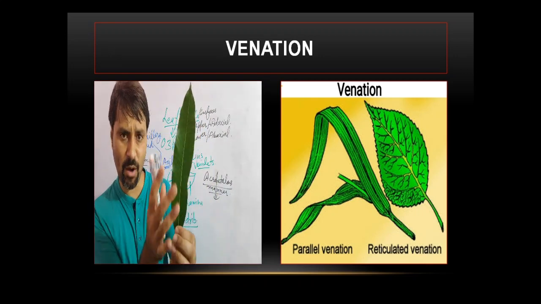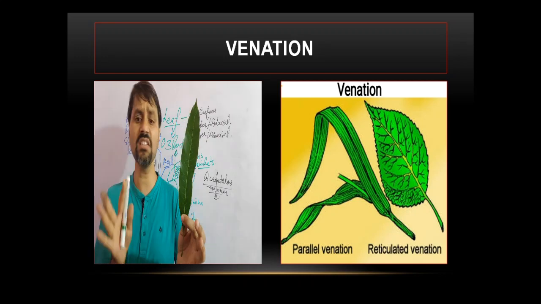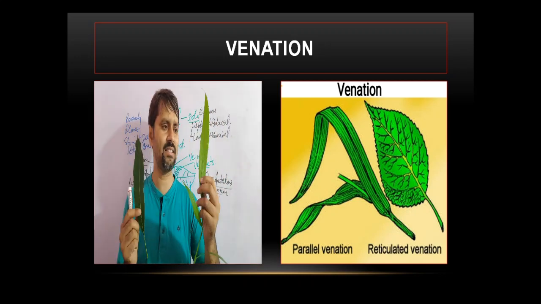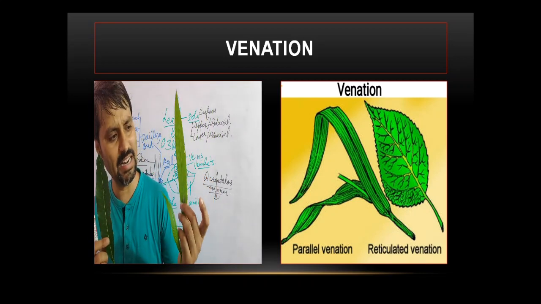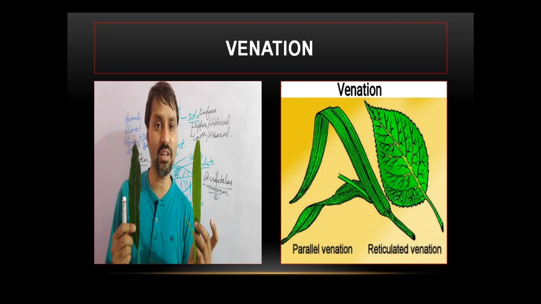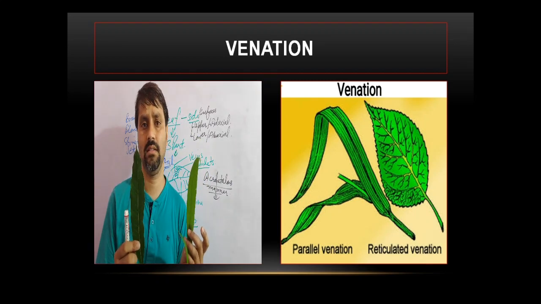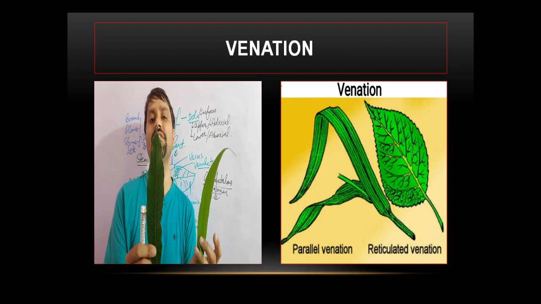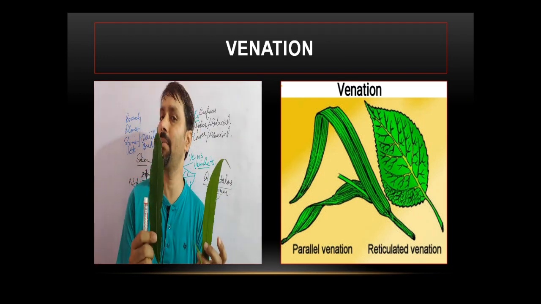If the veinlets form a network, this is called the reticulate venation. If the veins are moving parallel to each other, this is called the parallel venation. So the venation mainly is of two kinds. Subtypes are there, we will discuss them. But there are two main kinds of venation. One is the reticulate venation, one is the parallel venation.